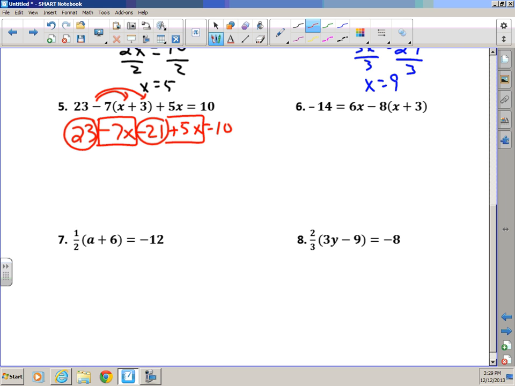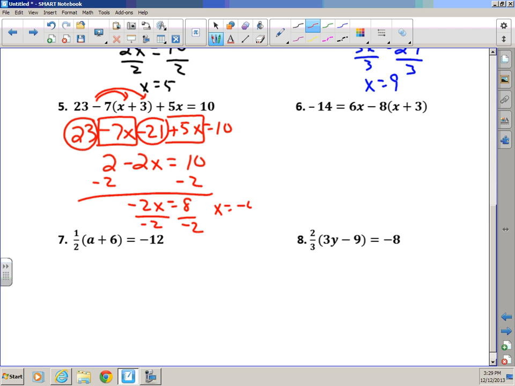Okay? So I put the two of them together. I get 2 minus 2x equals 10. Subtract 2. Negative 2x equals 8. I divide by negative 2. X equals negative 4. Okay.